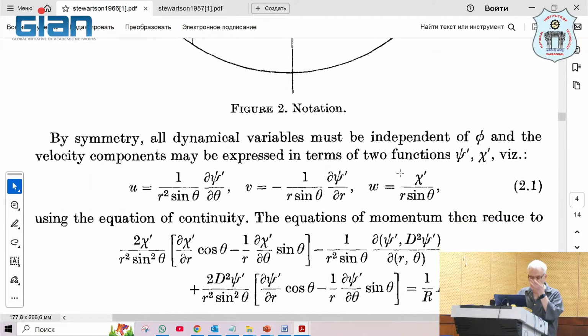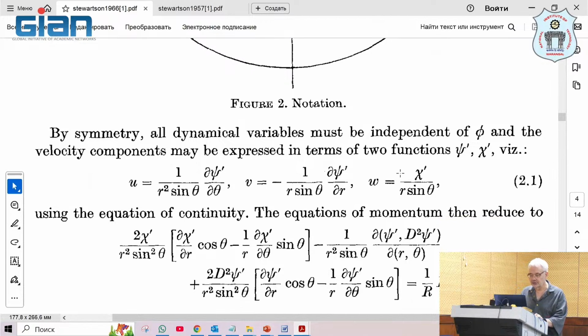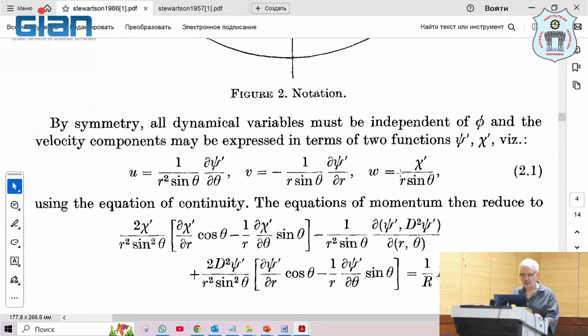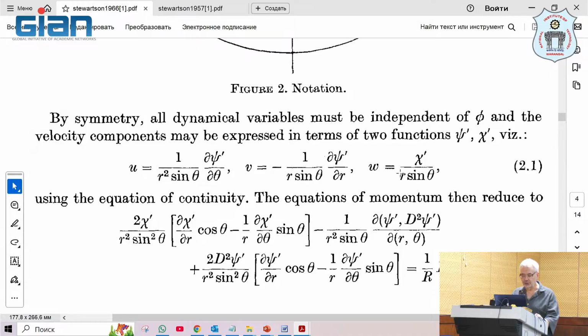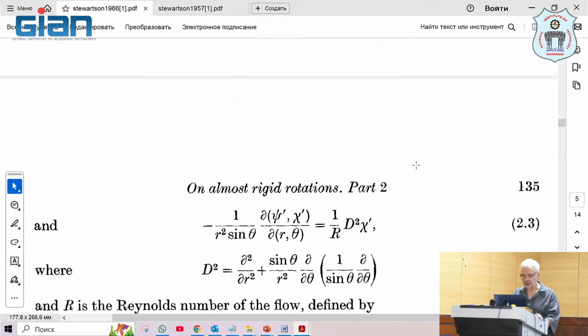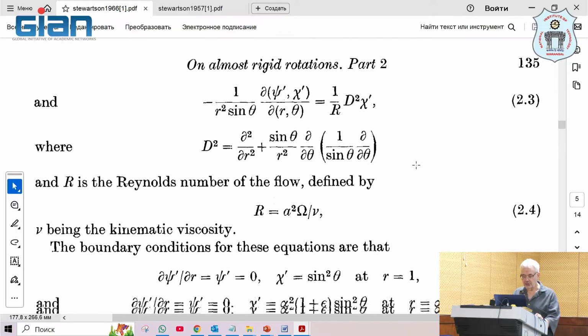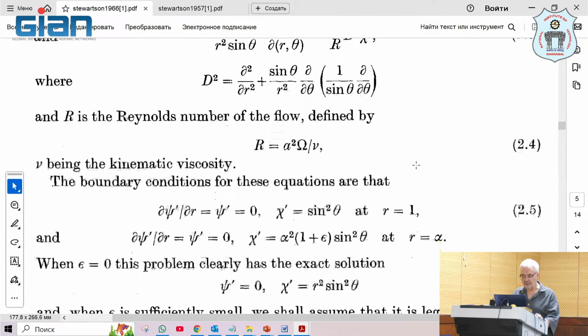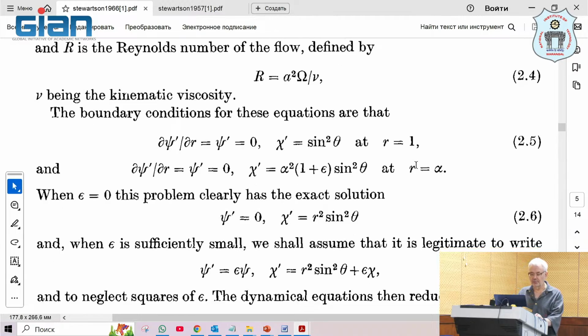And of course, he operated in a slightly different manner than we did. He used the stream functions, and so he reduced to just one function, which is written here, or two, and then he manipulates this equation in a similar way as we did. But there are some differences.